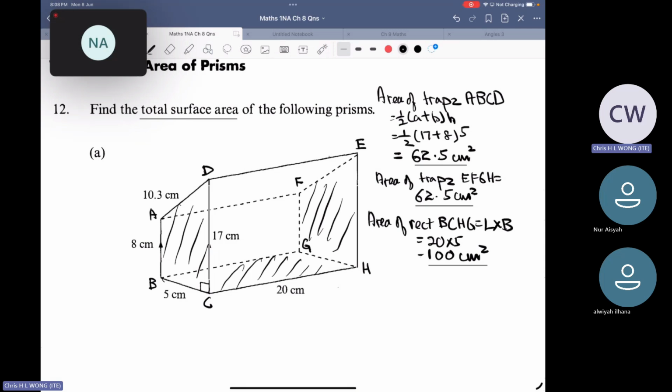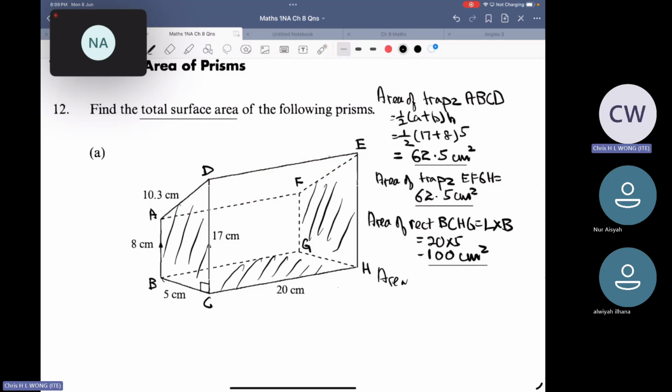Okay, now can I do the top? ADEF. Can you see? Where? Top. Okay. ADEF, so the top, right? Also a rectangle, isn't it?